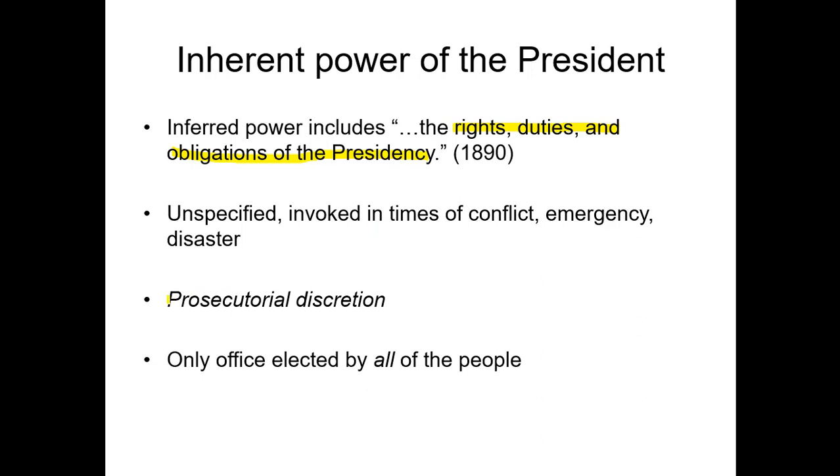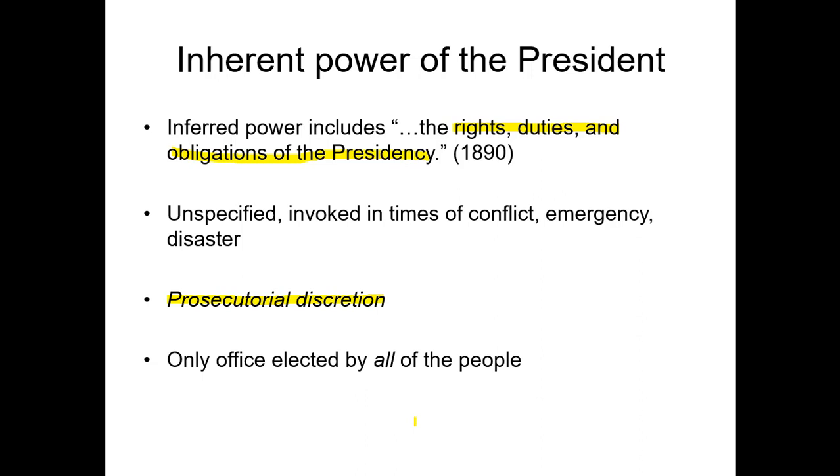Also, this concept of prosecutorial discretion simply means that since the president is in charge of the executive branch, which executes and interprets the laws, he can instruct one of his branches to either do something or not do something that might affect policy. One of the best recent examples would be the Dreamers Act.